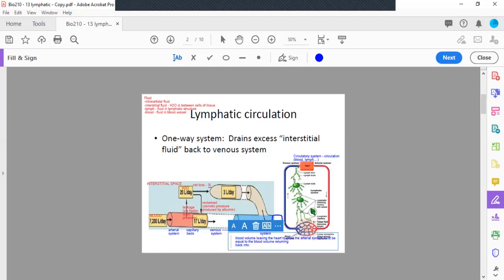We can always improvise, and that's the beauty of it. We can say the blood volume leaving the heart to enter the arterial system must be equal to the blood volume returning back into the heart by the venous system.